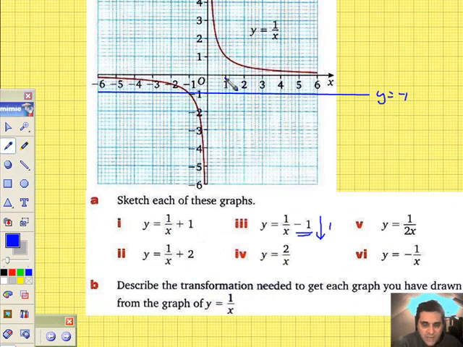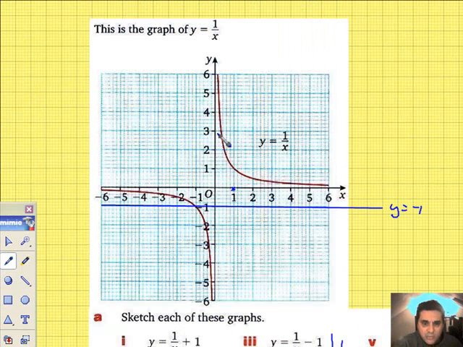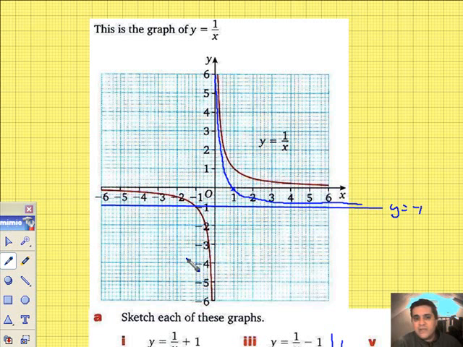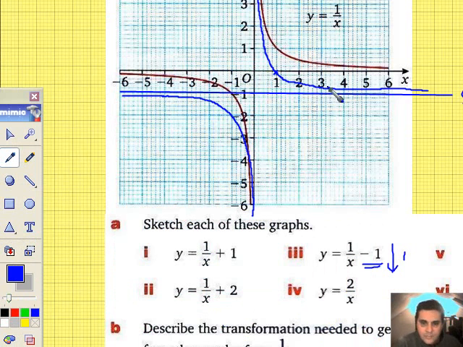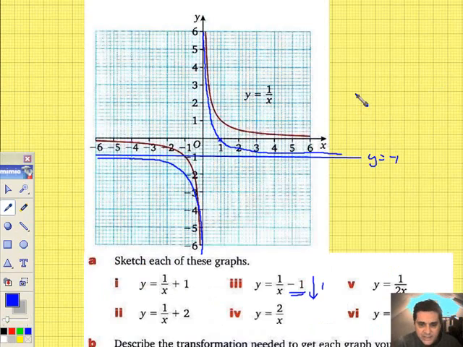So (1, 1) becomes (1, 0). That's a key point there. So we're looking at something like this. Working towards touching y equals minus 1 but never actually reaching it. And of course this will drop in the same way. So almost touching y equals minus 1 and working down like that. Okay, so that's it. Another transformation, clearly so.